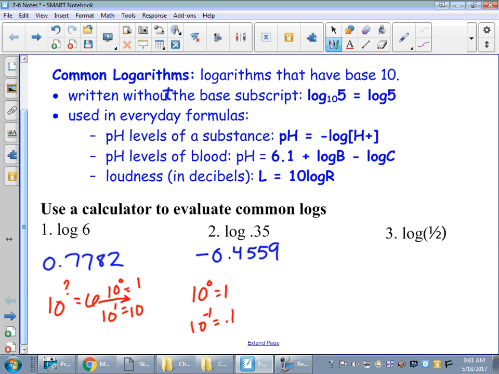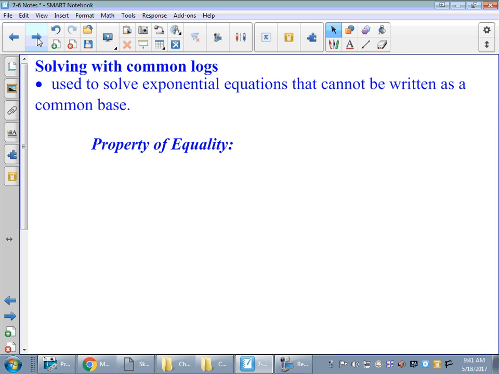So I actually have to go even further, between 0 and negative 1, which is negative 0.4. Log of a half, if you put in log 0.5, again, you get a negative number, negative 0.3010. So hopefully the first part of your homework will be pushing buttons, finding it, and using it on your calculator.